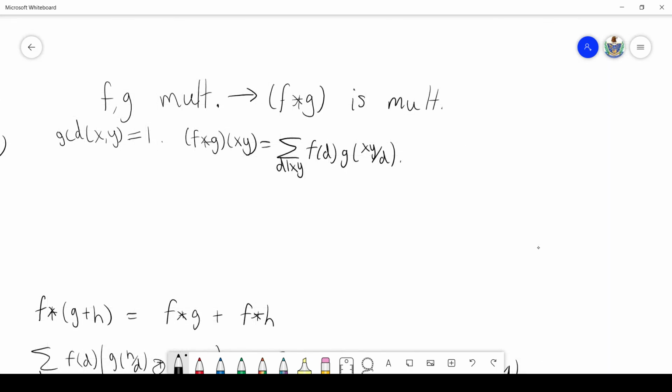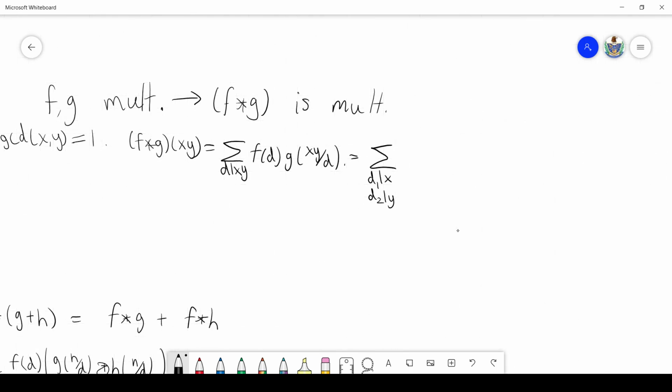Now, as we've argued over and over again, a divisor of xy, where x and y are coprime, is going to uniquely factor into a divisor of x and a divisor of y. So we can replace d by d1 times d2, and g of xy over d1 d2.